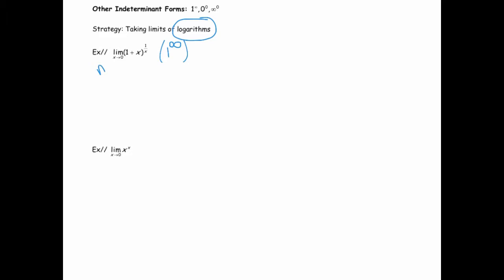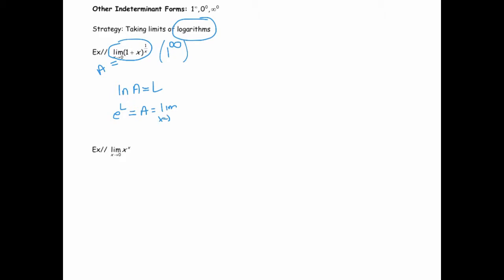Let's just say this whole limit is called a. The strategy we're going to use is we're going to note that, okay, well, let's say I take the ln of something like a, and I actually get an answer. Now again, our goal is to find out what a is. A is the limit. Well, based on the definition of natural log, that means that e to the l is equal to a, which is what we want, right?